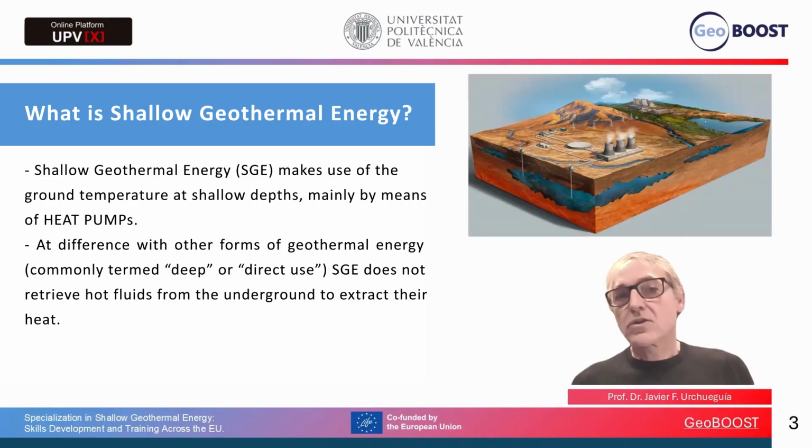It is the combination of the underground temperature with a technology such as a heat pump which makes shallow geothermal energy so unique. The picture that is depicted here refers more to deep geothermal energy.